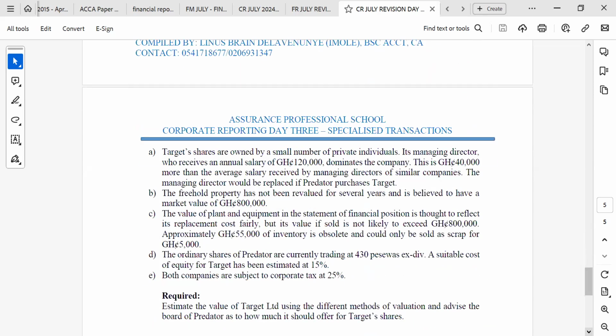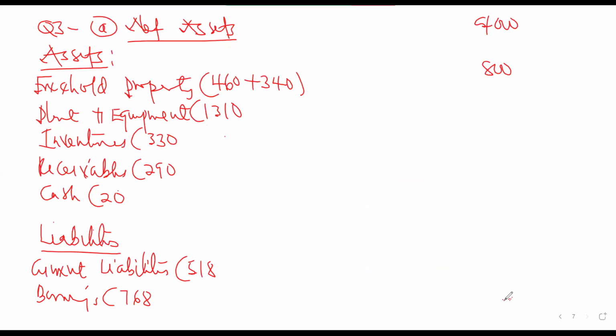All right. Let's come to what we are going to be having there. Approximately 55,000 of the inventory is obsolete and could only be sold as scrap for 5,000. So the inventory is reduced by how much? 50,000. Okay, inventory will be reduced by 50,000. So let's have 1310, and this will be 280.